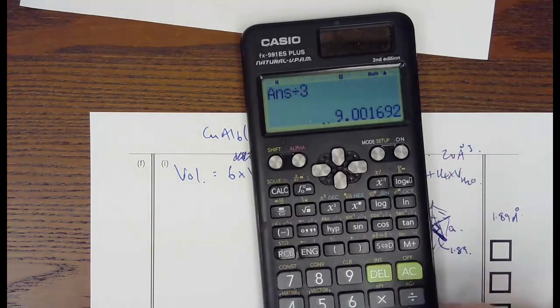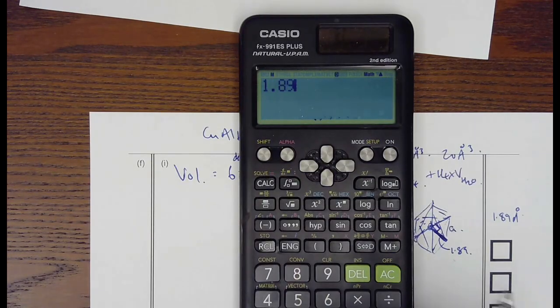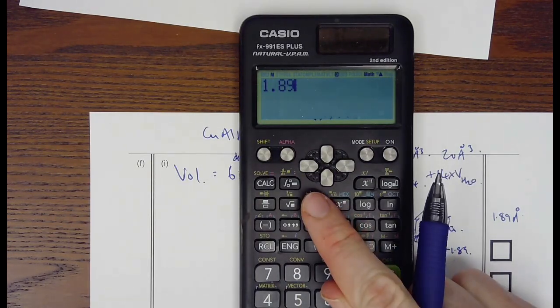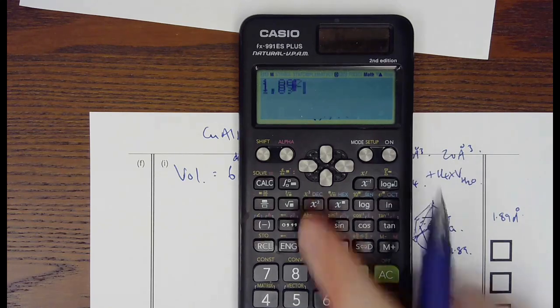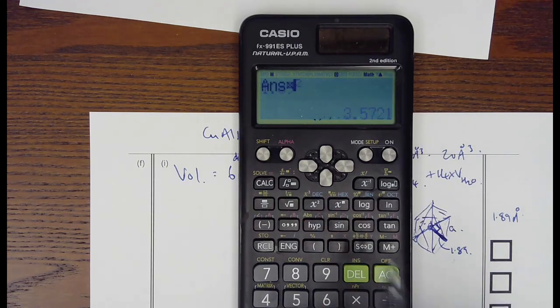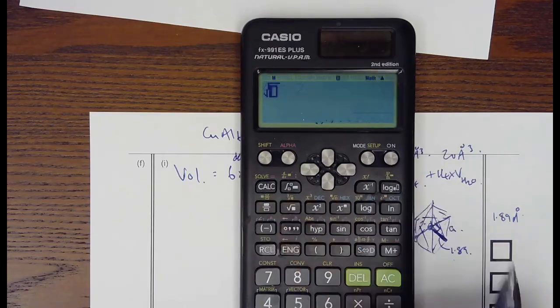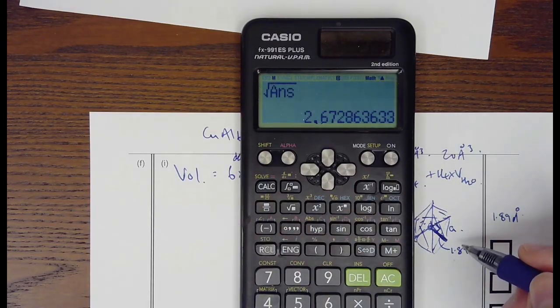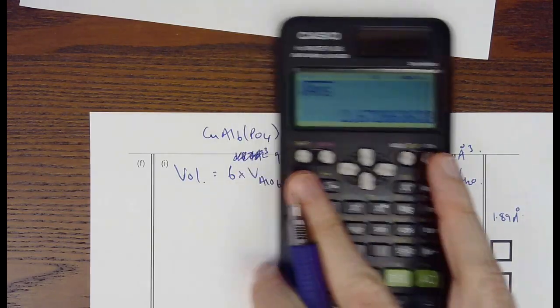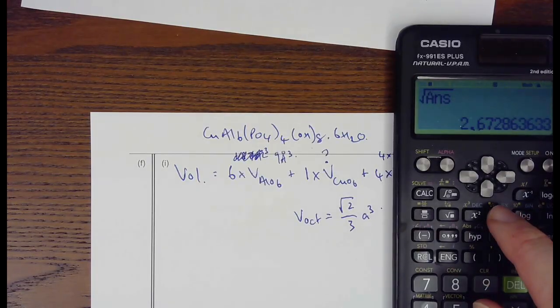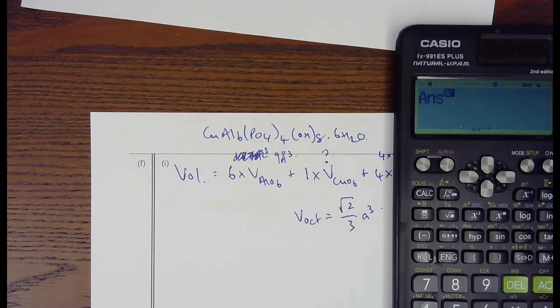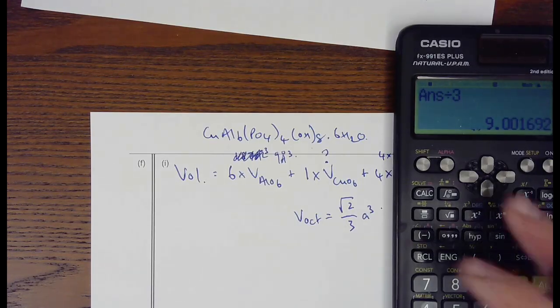So I do 1.89 squared times 2, take the square root of that. That gives me A, 2.67. Then I cube it, multiply by root 2, divide by 3, and there we go, 9. So it's going to work.